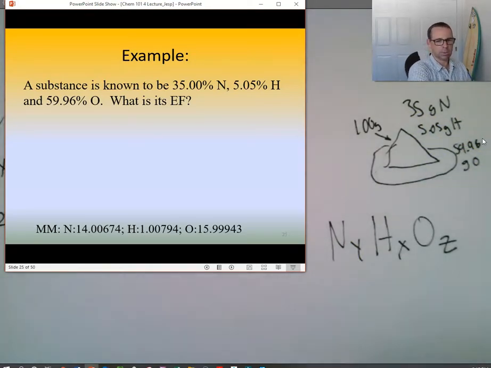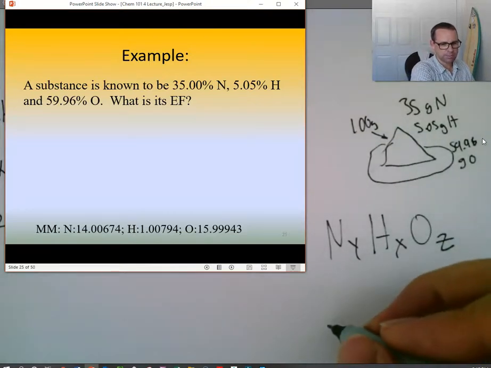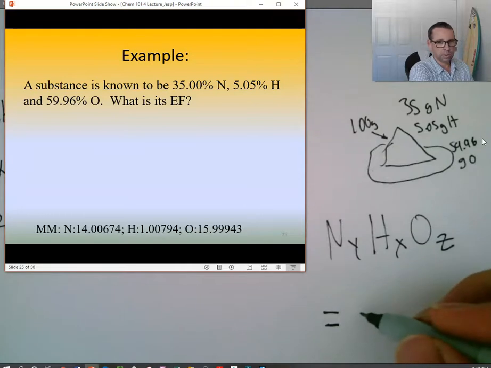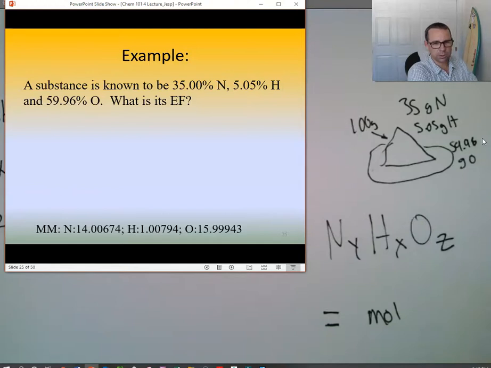And how would we do that? What would we put to the right of our equal sign? We're looking for moles. Moles of which element should we do first? Let's do nitrogen, moles of nitrogen.